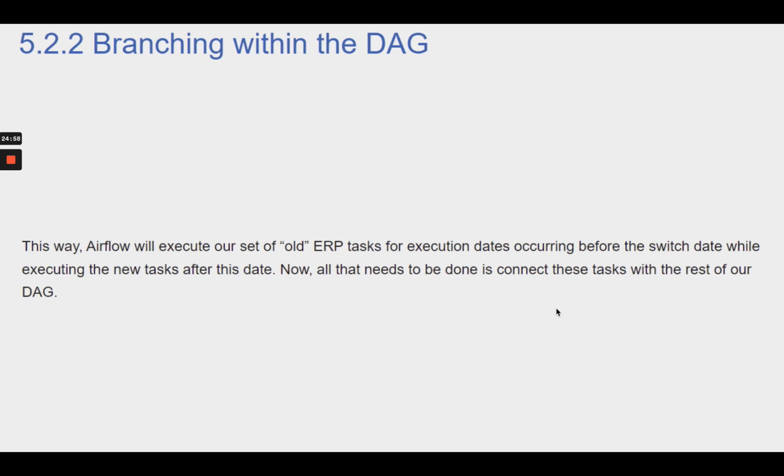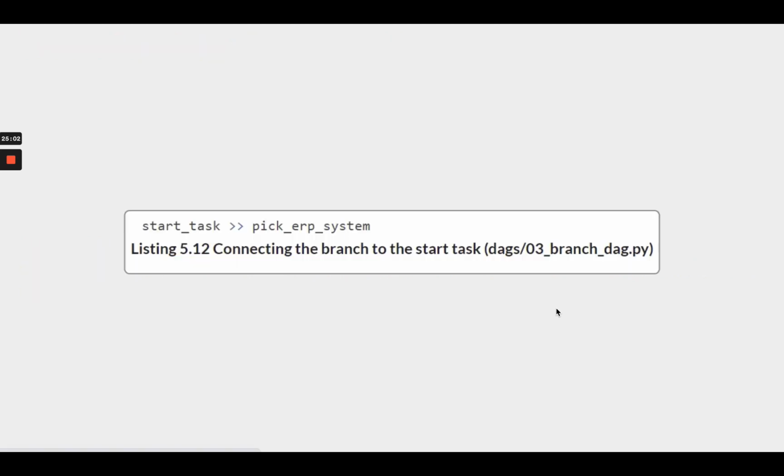Now, all that needs to be done is connect these tasks with the rest of our DAG. To connect our branching task to the start of the DAG, we can add a dependency between our previous start task and the pick_ERP_system task.